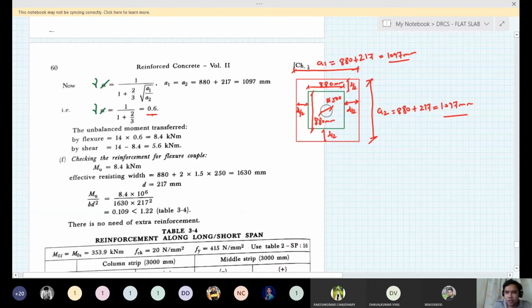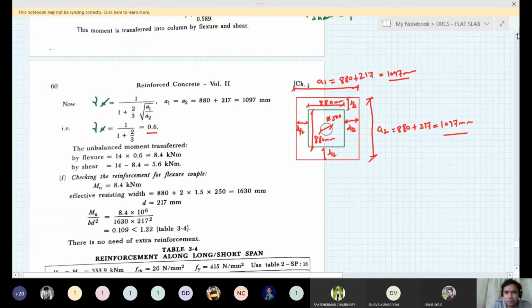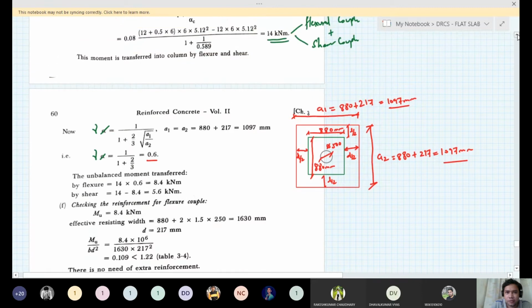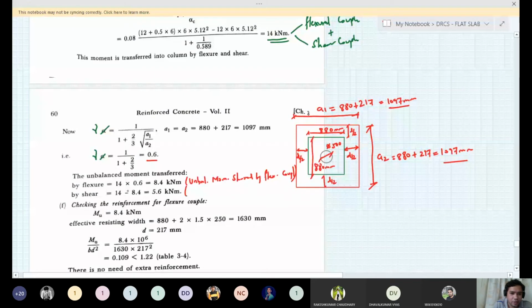So you multiply the total unbalanced moment with this factor 0.6, and you will get the unbalanced moment shared by the flexural couple, and the remaining will be the unbalanced moment shared by the shear couple.